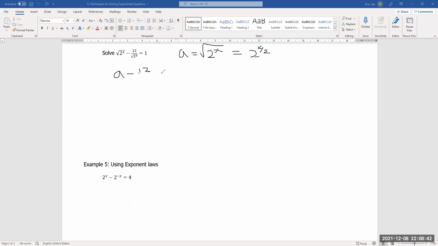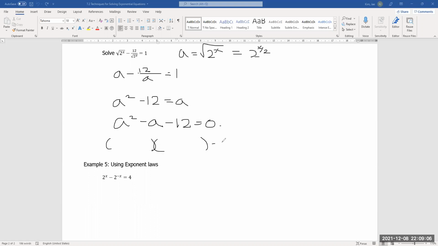This would be 12 over a, and that would be just 1. I don't like the fraction. I'm going to multiply every single term by the a value. This becomes a squared. This becomes negative 12, and that becomes a. If I rearrange it, this becomes a squared minus a equals 12.